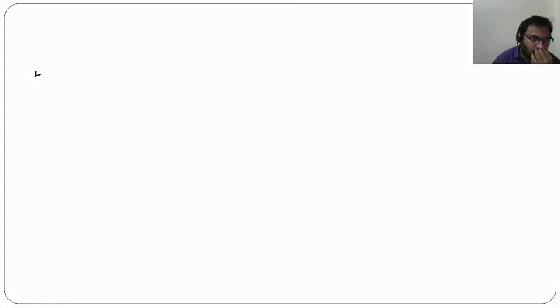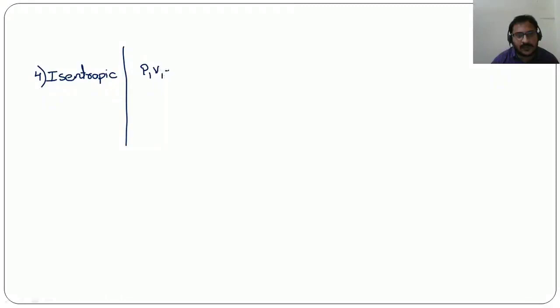Now let us take fourth one, isentropic process. If you take isentropic process, this is (P1 V1 minus P2 V2) by (gamma minus 1) or mCv(T1 minus T2) or U1 minus U2.